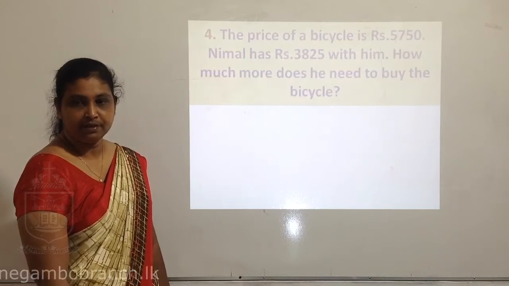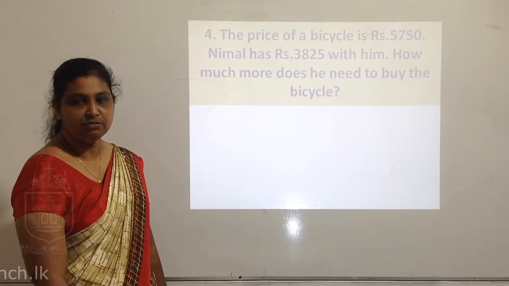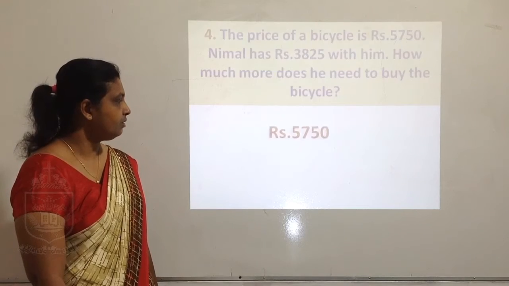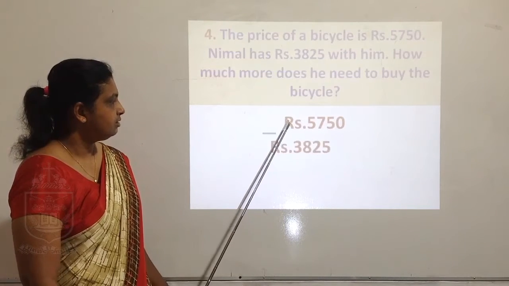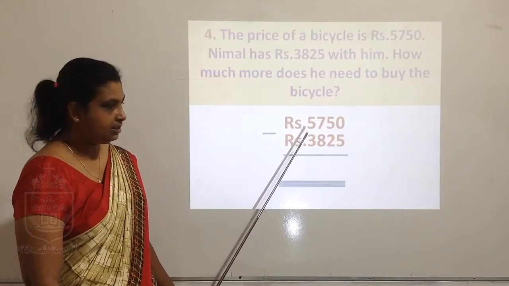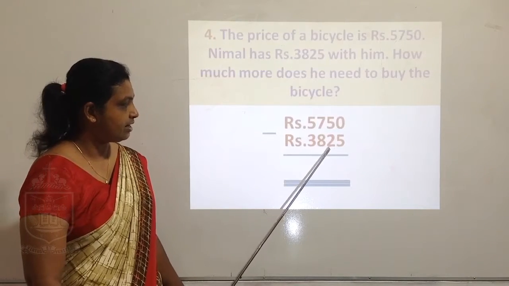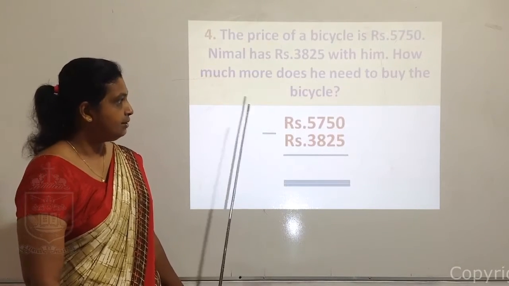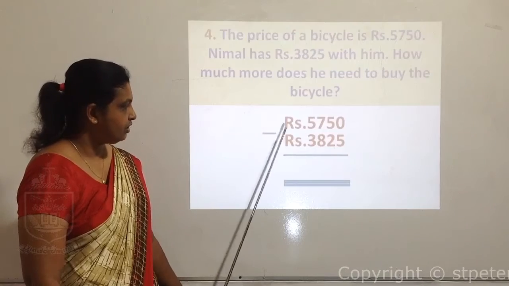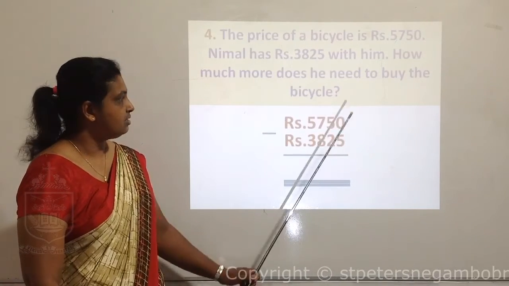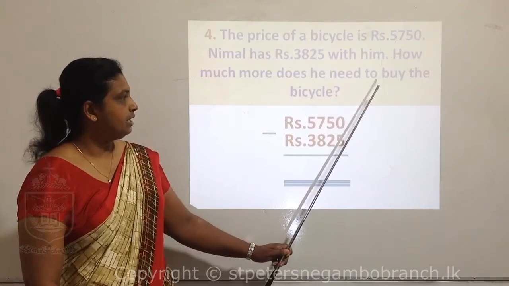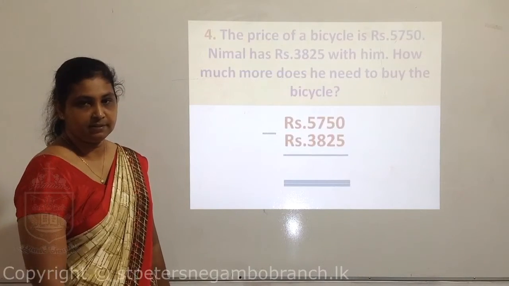Now we'll see how much more he needs. This is the price of the bicycle. Second, 3,825 is the amount Nimal has. So when you subtract this, you get the answer, the amount he needs to buy the bicycle.